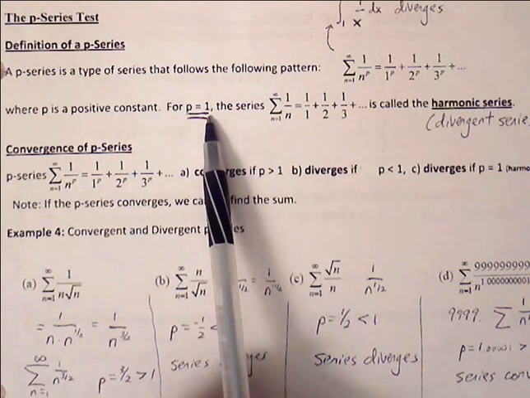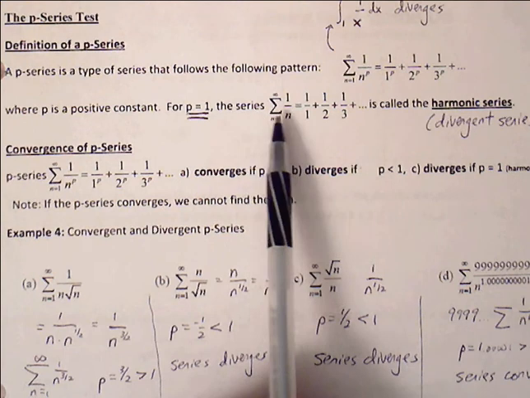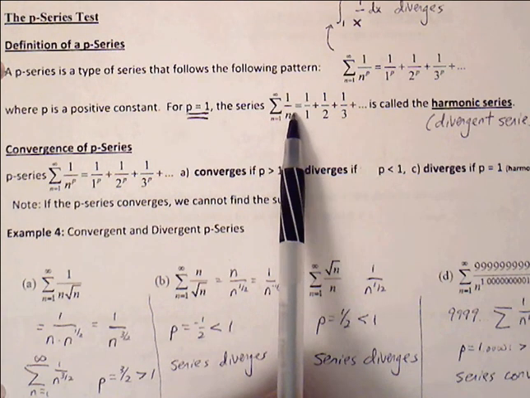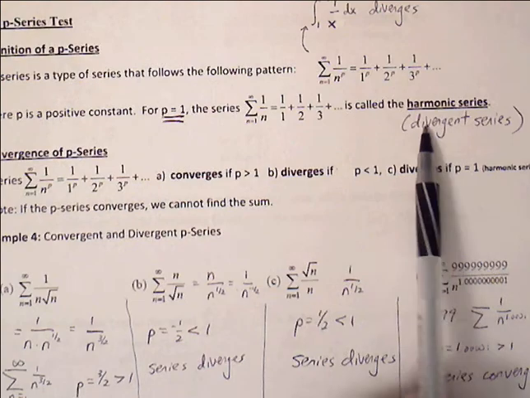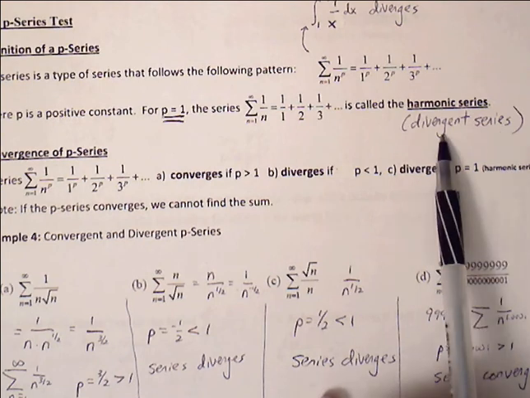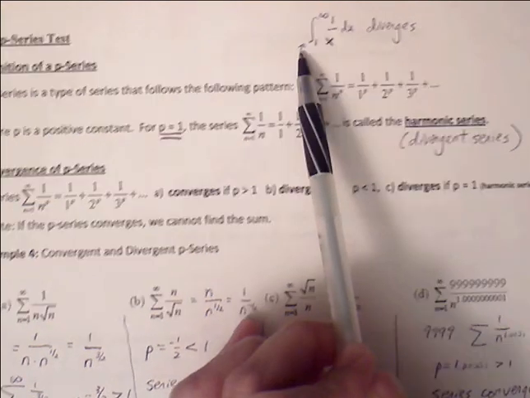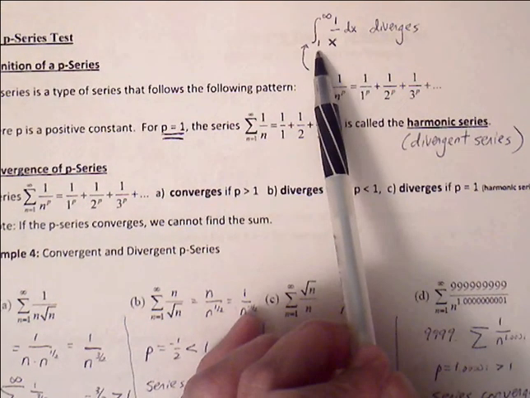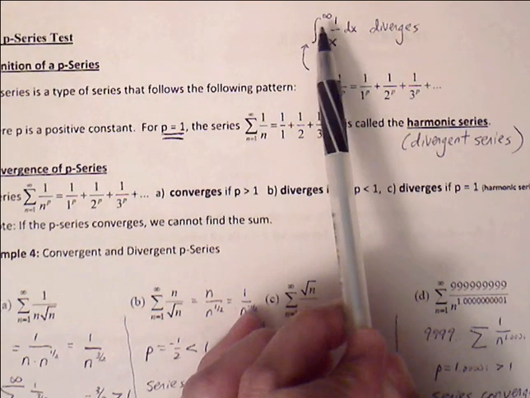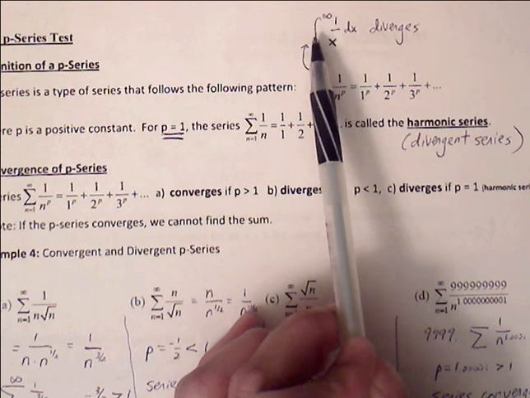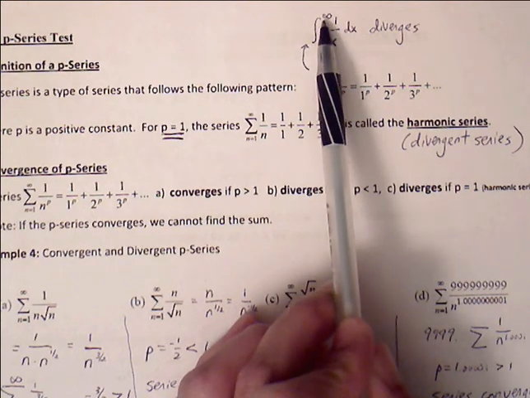For p equal to 1, the series will just be 1 over n to the first power, and this is called a harmonic series. A harmonic series is a divergent series, and this goes back to looking at the improper integral of 1 over x as the limit goes from 1 to infinity.